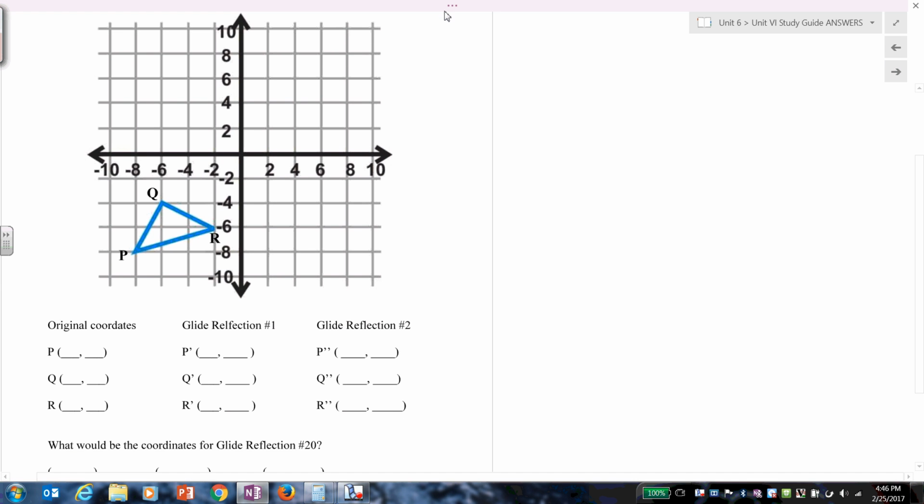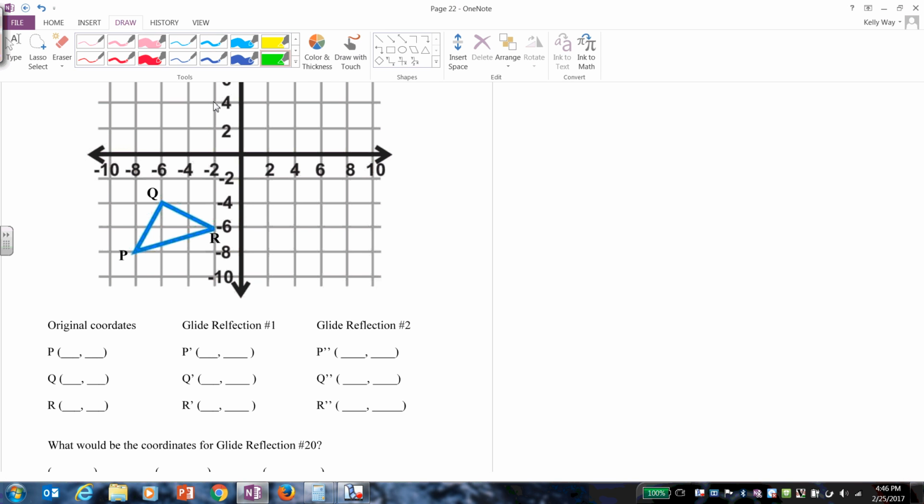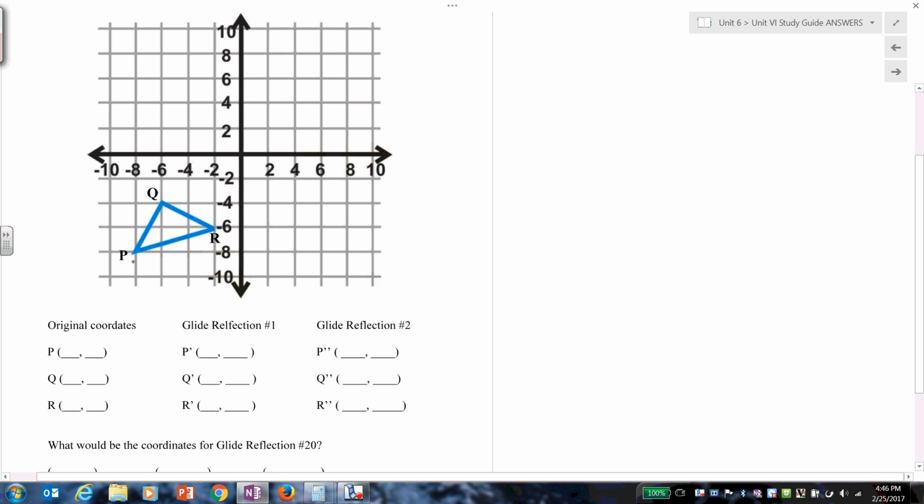Let's get our original coordinates here. P is at (-8, -8). Q is at (-6, -4).